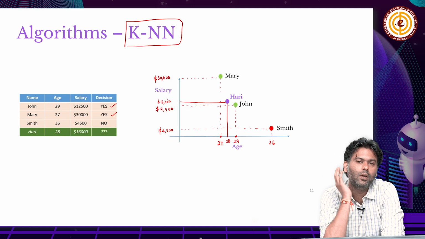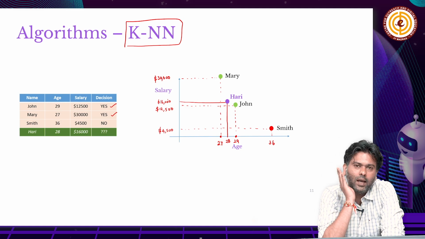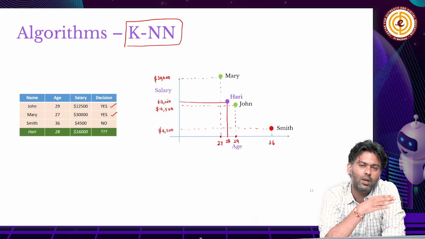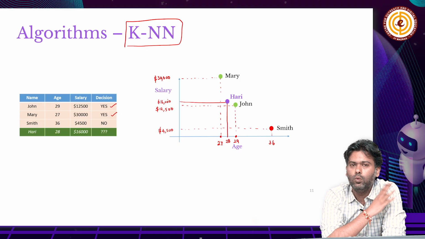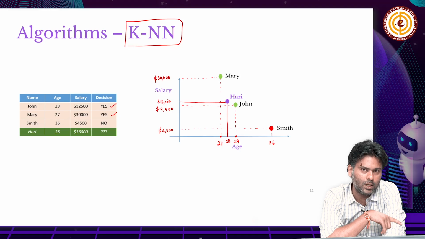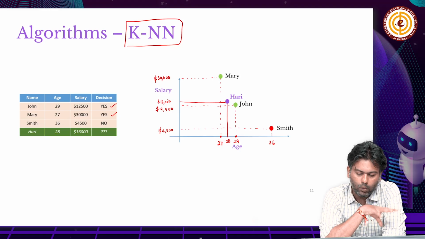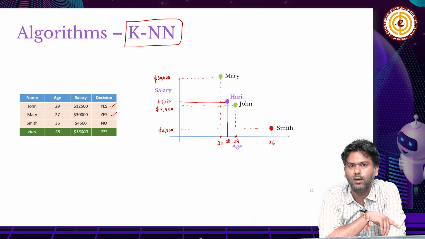In that case I would output the label for Hari as exactly the same label as this person whose features are exactly the same as Hari's, who is present in my historical data. Now, unfortunately, in this particular example, that is not the case.